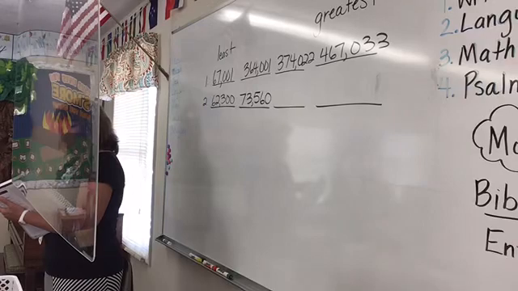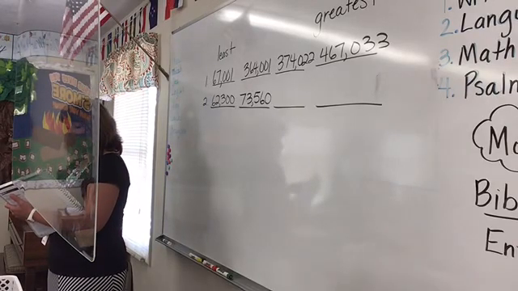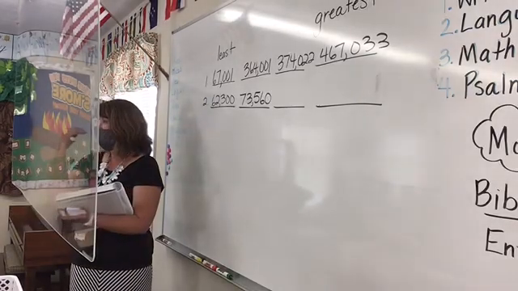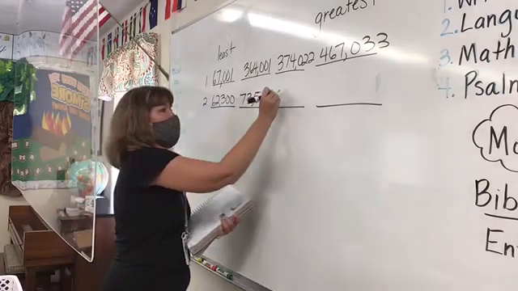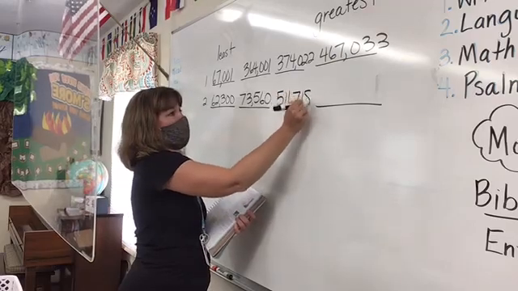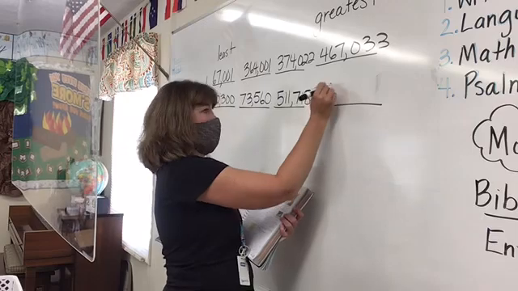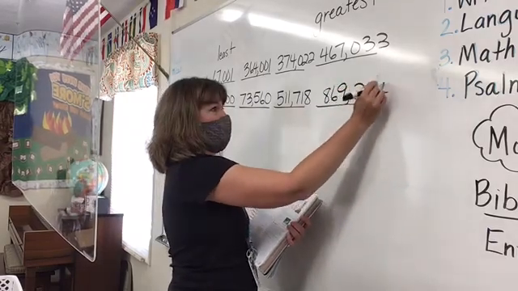We've got 511,718 and 869,204. Which one would be the next biggest? Marissa? 511,718. Right. And so that leaves us with the biggest number, 869,204.